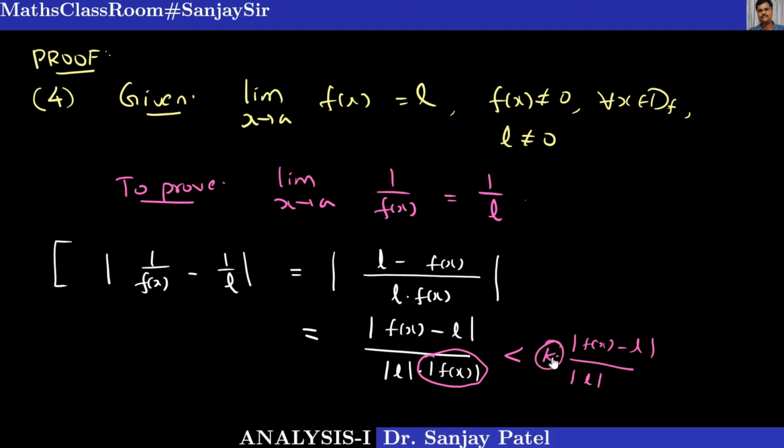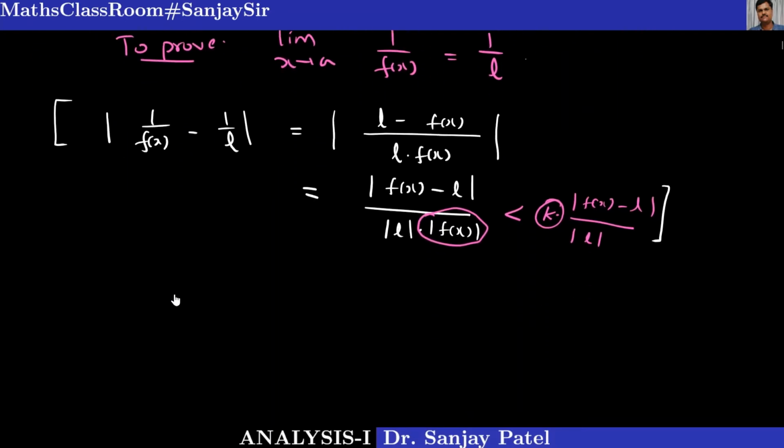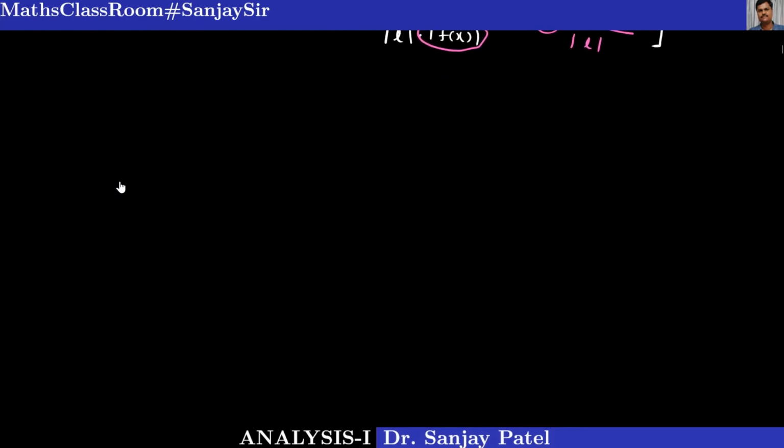So I will be making this 1 upon mod of f(x) less than some constant, and then I will think of what should be taken. Okay. So let us start our proof. This was an extra work or thinking process for proving the result. So our first job is to make 1 upon mod of f(x) less than some constant.